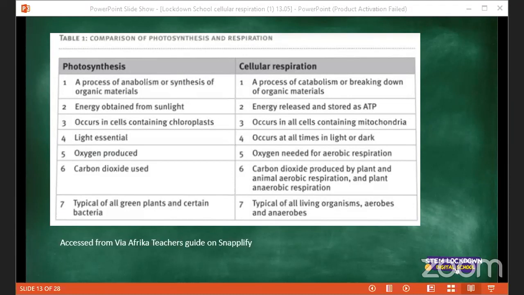The seventh thing is that it is typical of all living organisms, aerobes and anaerobes. So in all living organisms, cellular respiration will take place, whether it's aerobic or anaerobic, but it will take place.